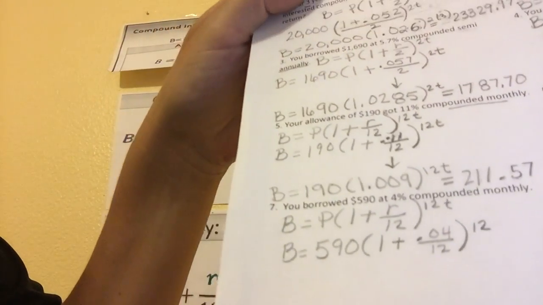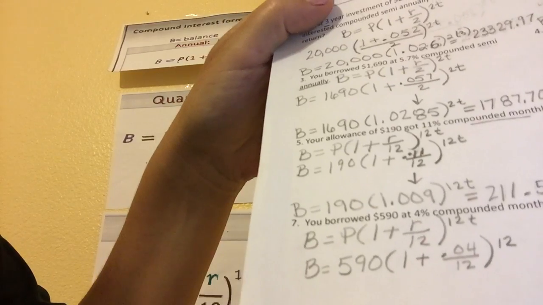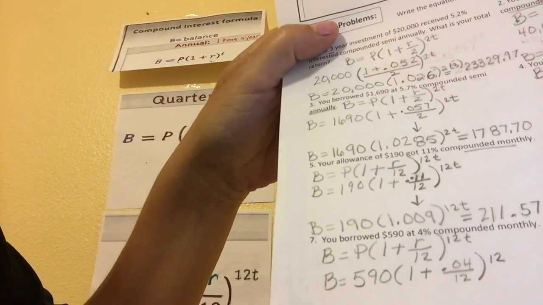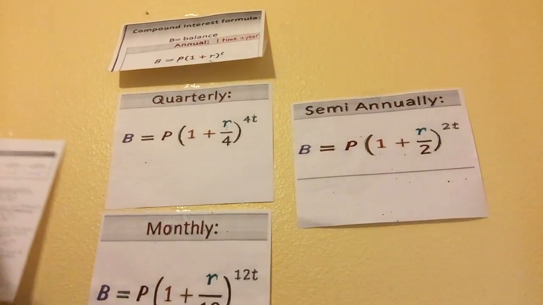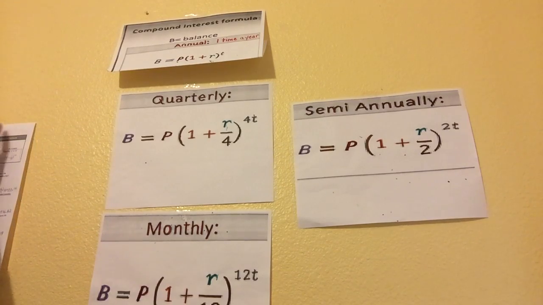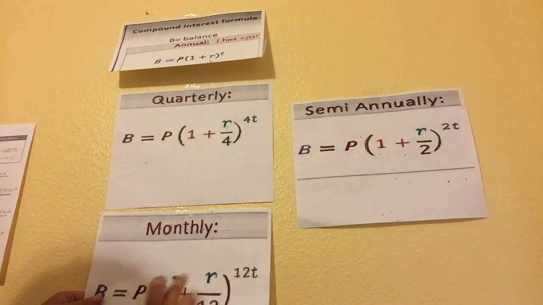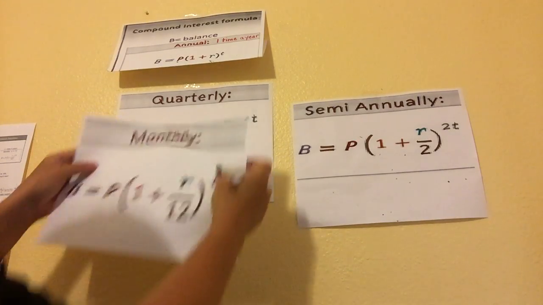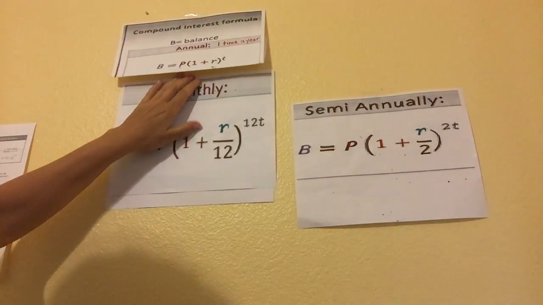For number 7, we have you borrowed $590 at 4% compounded monthly. So now we're using this one here, okay? Our monthly one.